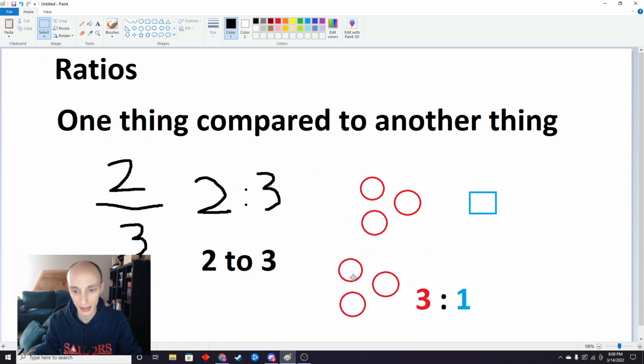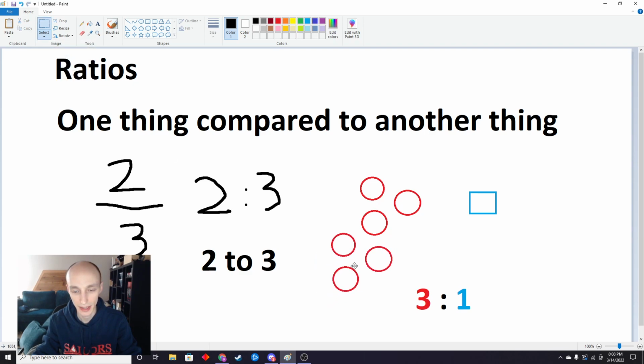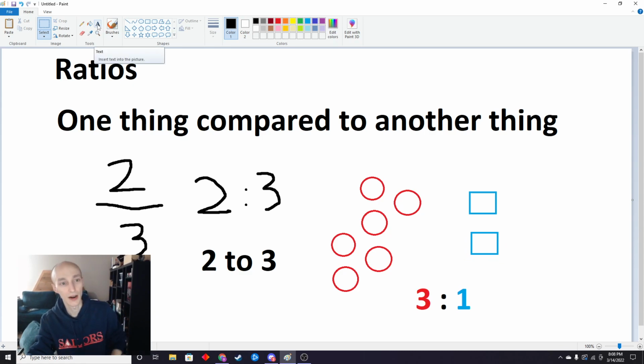So let's say I go ahead and give myself 3 more circles. Let's make it transparent here. Okay. So now to keep the ratio of circles to squares equal, I have to add another square, right? And now we would say that the total number is now 6 to 2.